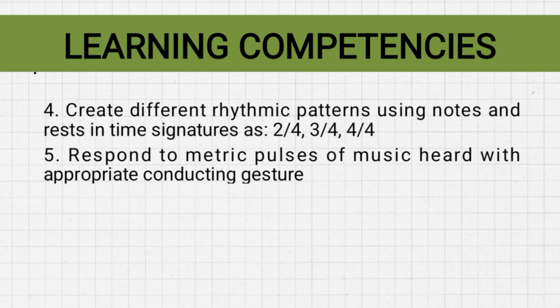And we also have numbers 4 and 5. Create different rhythmic patterns using notes and rests in time signatures 2/4, 3/4, and 4/4. And the last one, respond to metric pulses of music heard with appropriate conducting gestures.